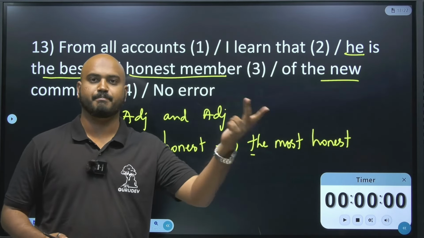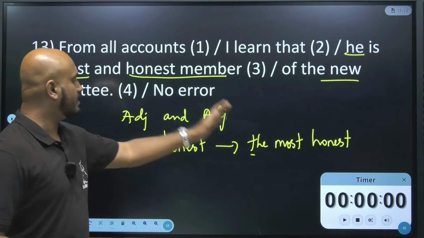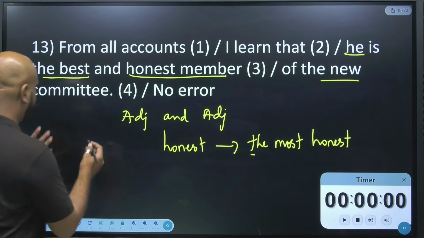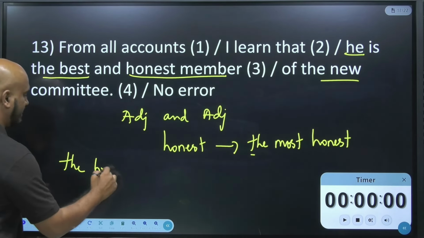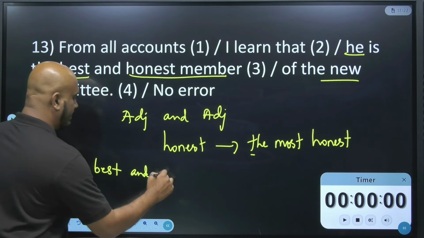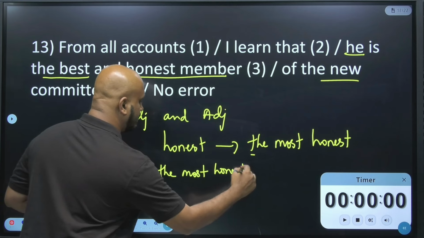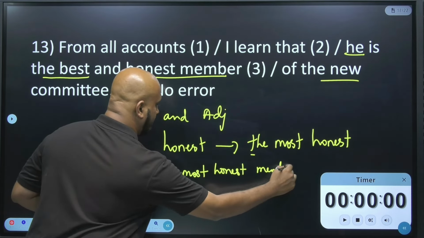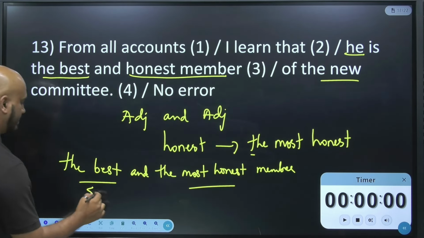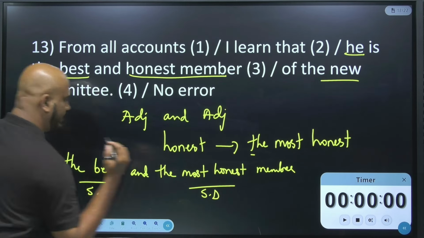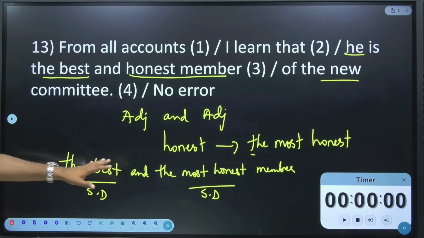Good, better, best. And honest, superlative is the most honest. So the right answer, if I were to write here, he is the best and the most honest member. And both, if you observe, are superlative degree. And hence now the answer looks absolutely correct.